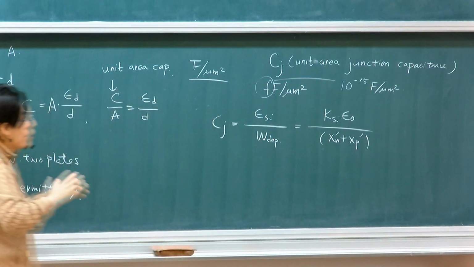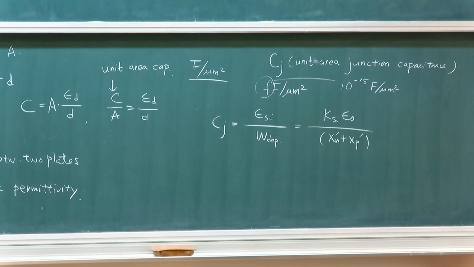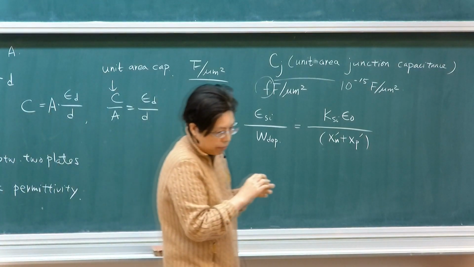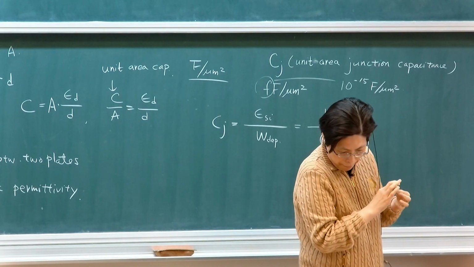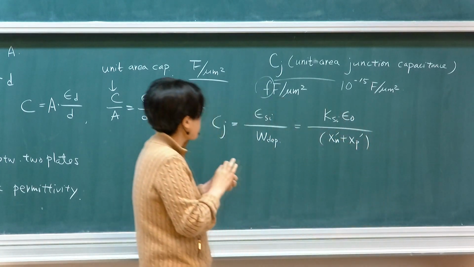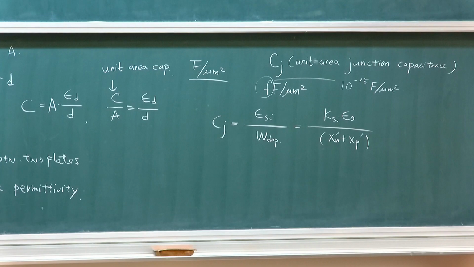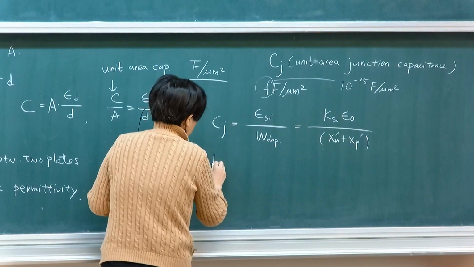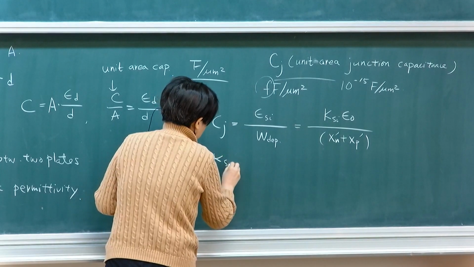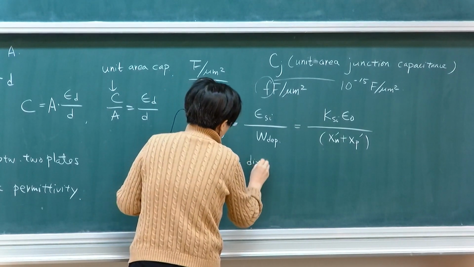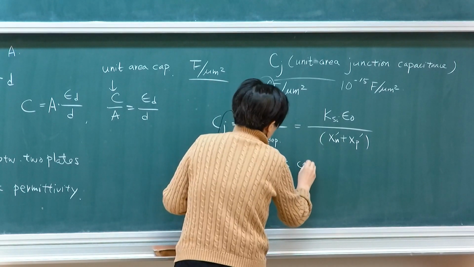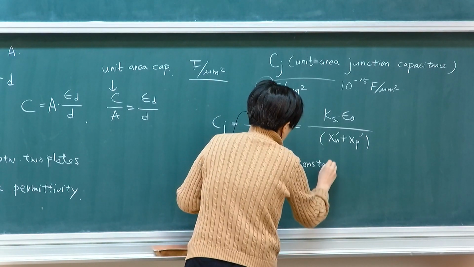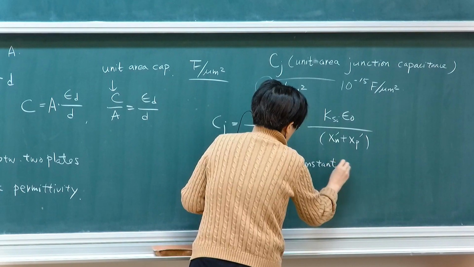If I'm applying a bias, my Xn and Xp will actually grow. Right? So this K silicon is called a dielectric constant.